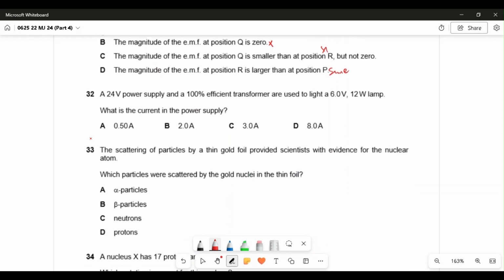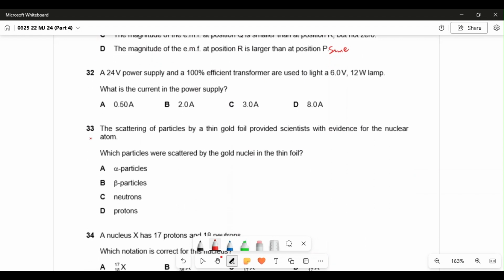32. A 24-volt power supply and a 100% efficient transformer are used to light a 6-volt 12-watt lamp. 100% efficient means power in is equal to power out. What is the current in the power supply?